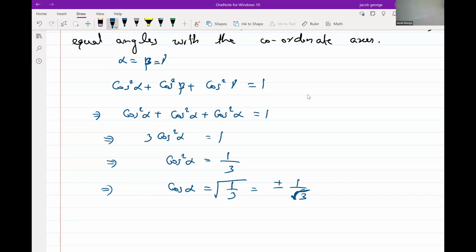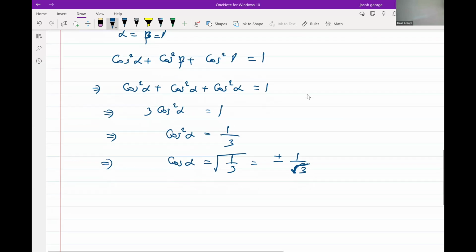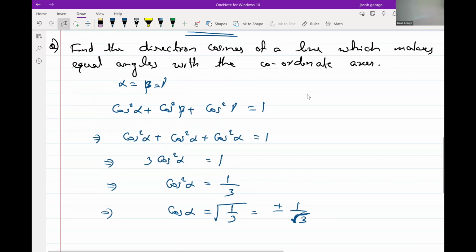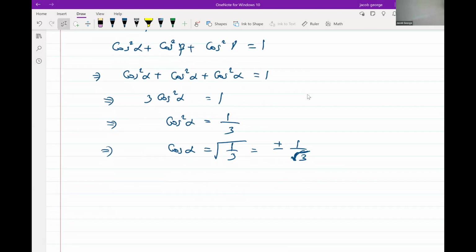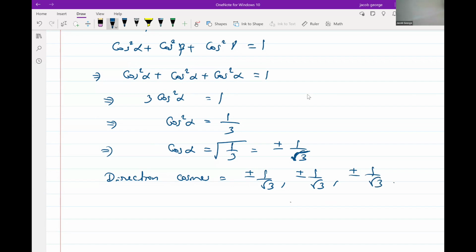So here we take plus or minus. Therefore, all are equal, so LMN are all equal here. Therefore, the direction cosines are plus or minus 1 by root 3, plus or minus 1 by root 3, plus or minus 1 by root 3.